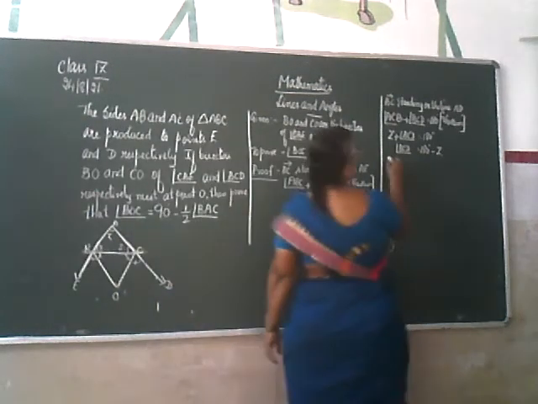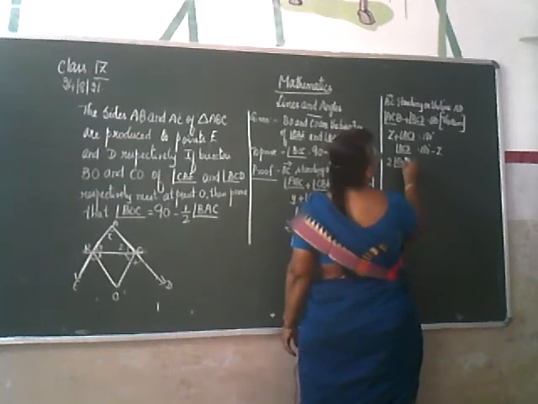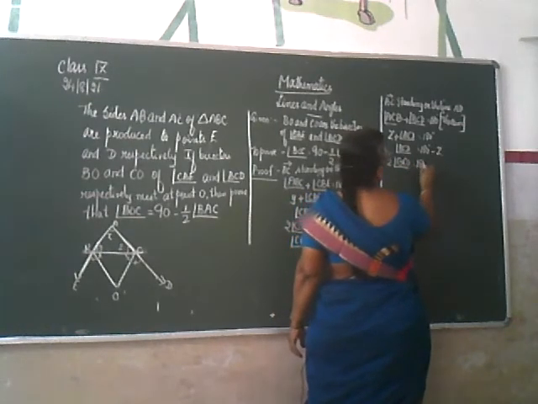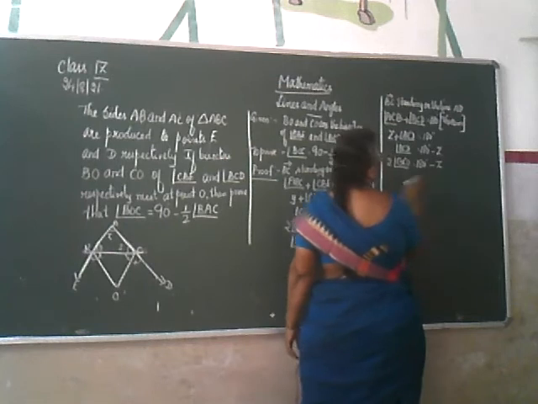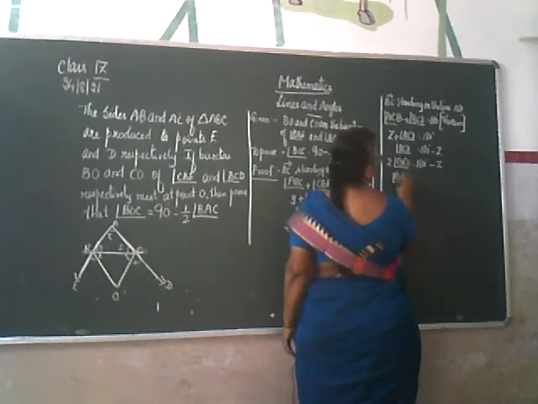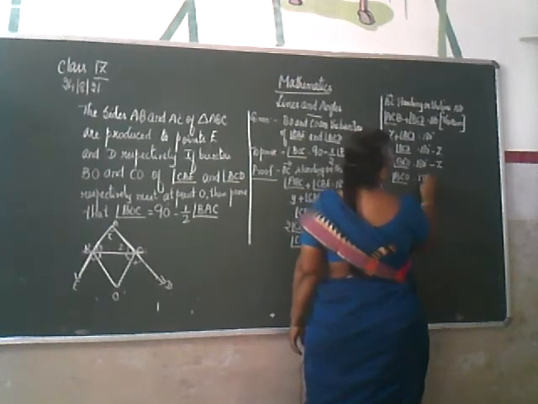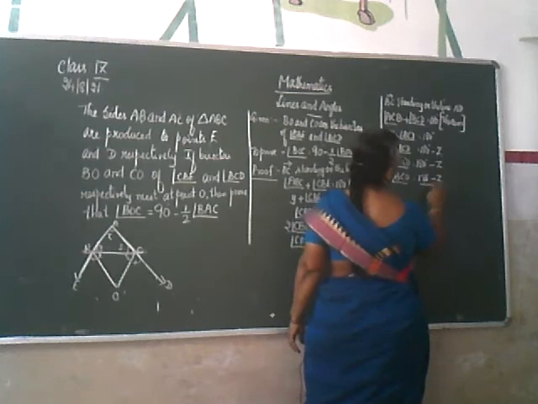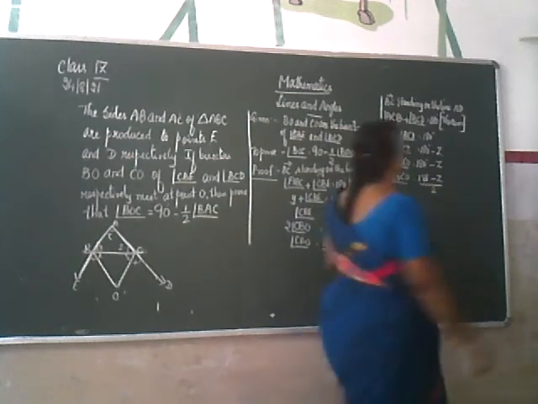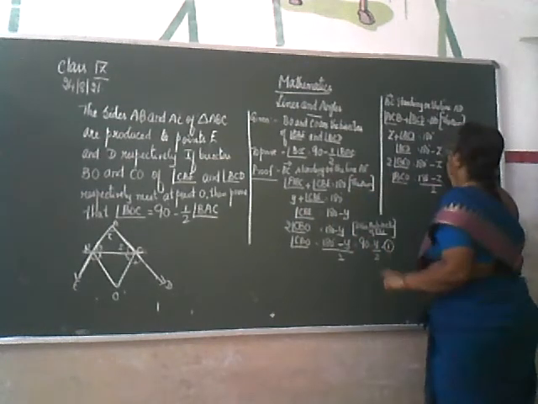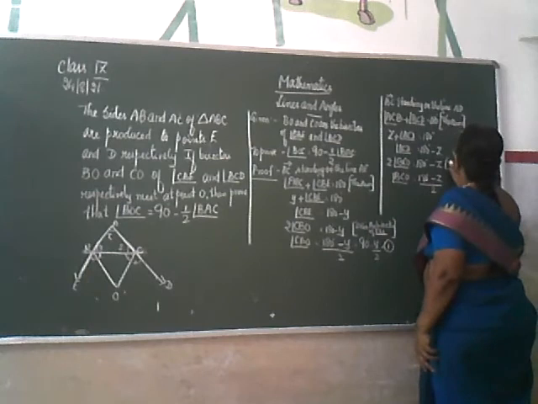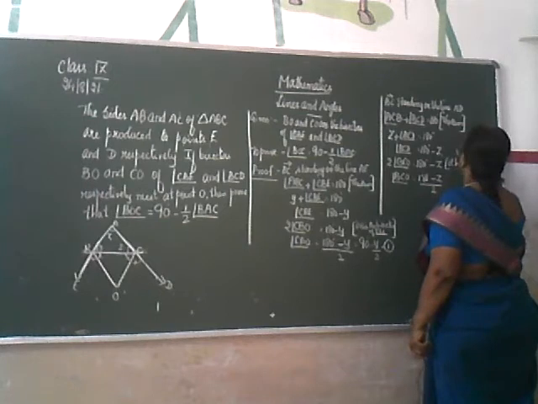So 2 times BCO is equal to 180 minus Z. So BCO is equal to 180 minus Z by 2. Why I have written? Yes, I can write OC is the bisector of angle BCD.